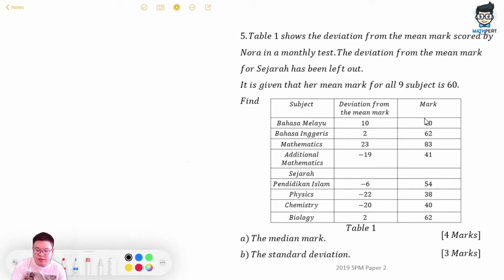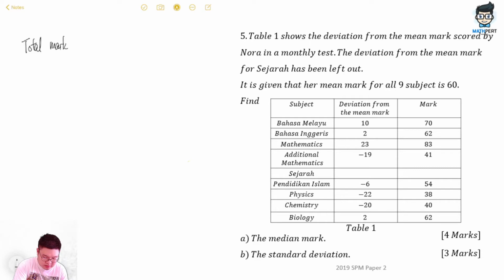So the total marks for all the 9 subjects is equal to 9 subjects times the average of 60, so it will be 540.